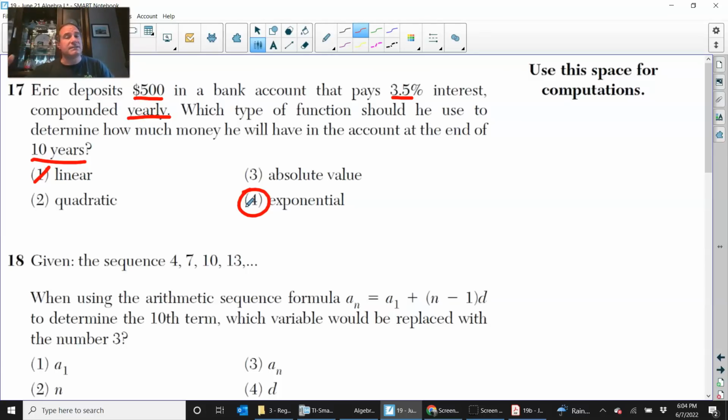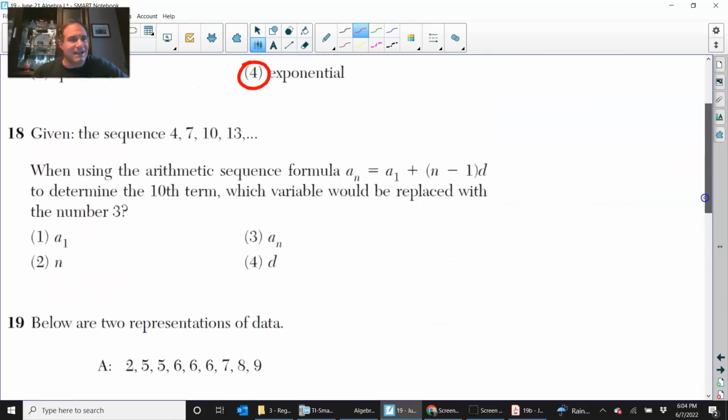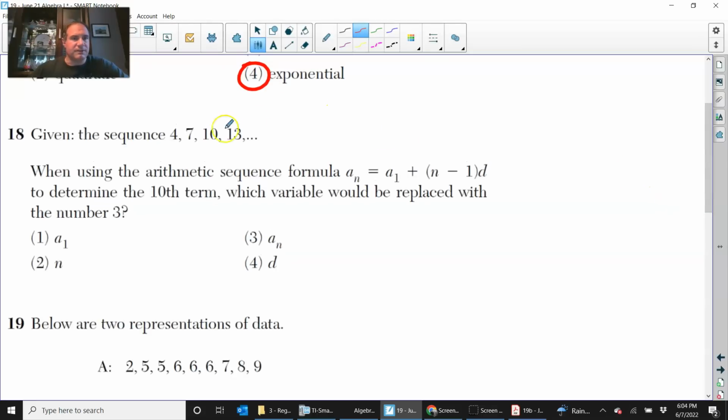If you're multiplying, though, it's not going to be the same amount added to the amount that is deposited. That's how you know it's exponential. The multiplication is not constant. Let's move on to number 18.